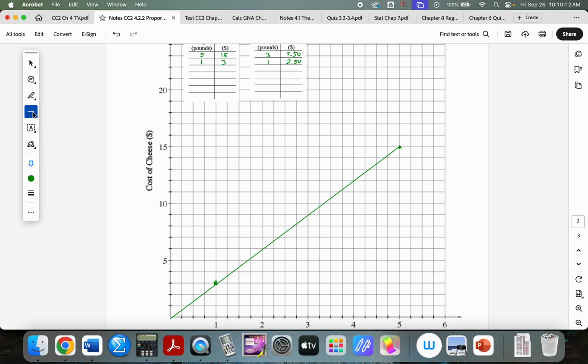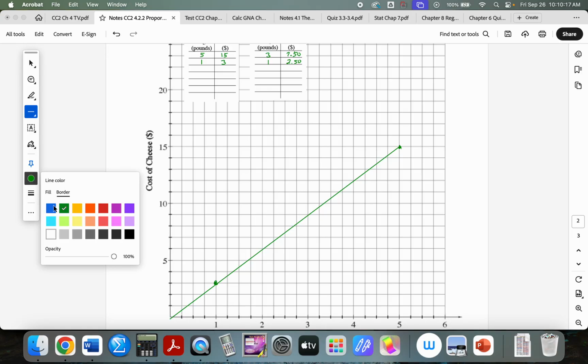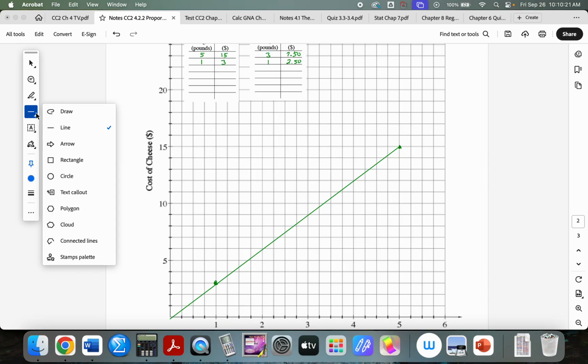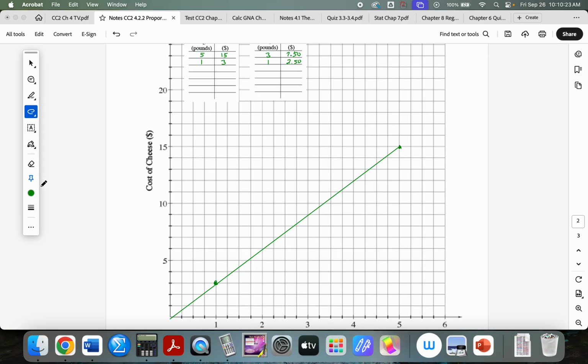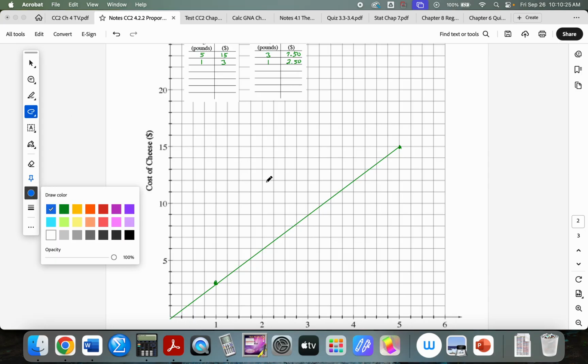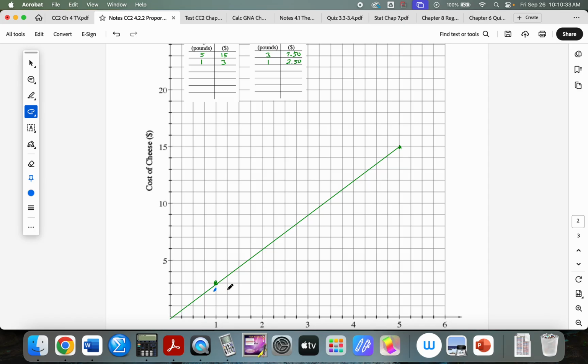All right, well, that looks pretty good. And then for the other one, 1 pound was $2.50. And 3 pounds was $7.50. So 5, 6, 7.50.